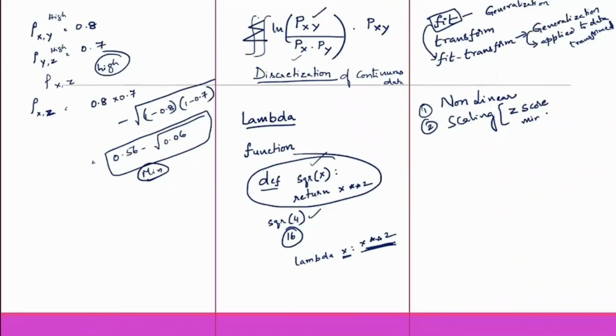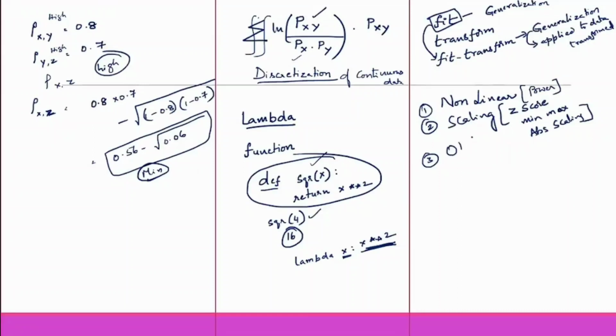We discussed them. Or absolute scaling, right? Max absolute scaling. So if you want to do some such kind of scaling, or if you want to do some kind of non-linear transformation like a power transform, or if you want to fit something like one hot encoding.